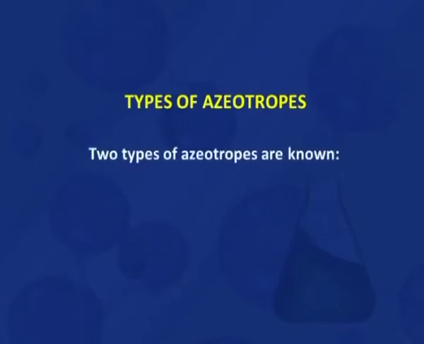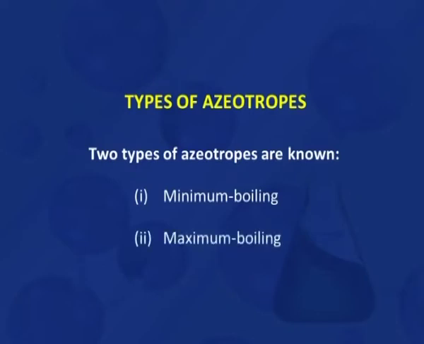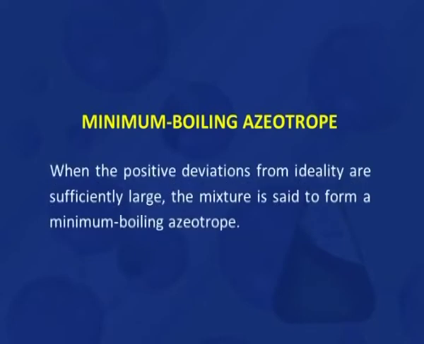There are two types of azeotropic mixtures: minimum boiling azeotropic mixtures and maximum boiling azeotropic mixtures. Now we will discuss minimum boiling azeotropic mixtures. When the positive deviations from ideality are sufficiently large, the mixture is said to form a minimum boiling azeotrope or minimum boiling azeotropic mixture.